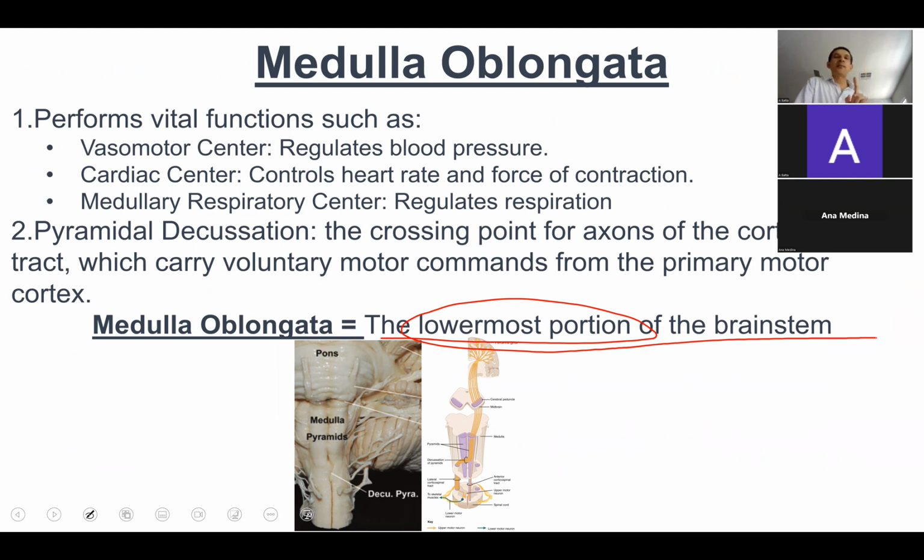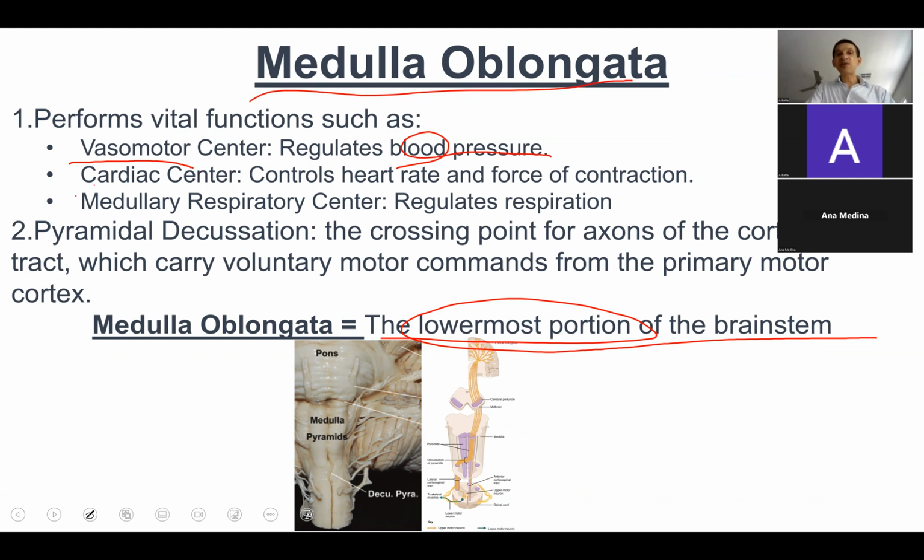So what medulla does is that it controls the vasomotor activity. What does that mean? Contractions and relaxations of the blood vessels, vasculature, motor. So it tells the blood vessel, please constrict or please relax. Those are all orders coming from medulla oblongata.